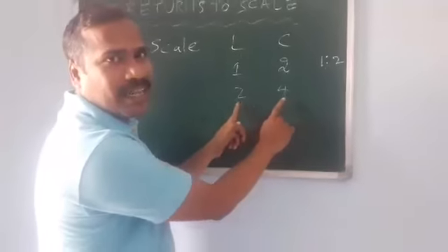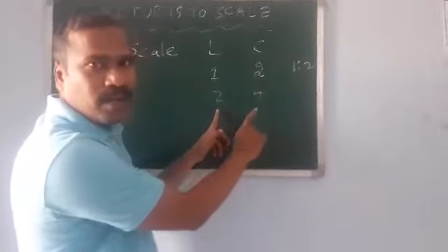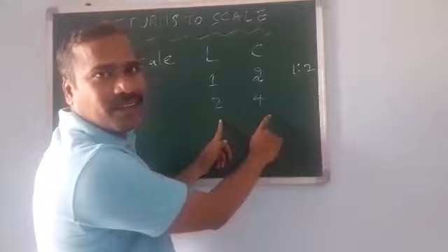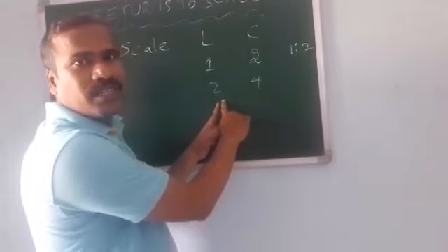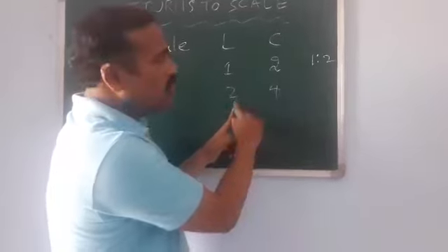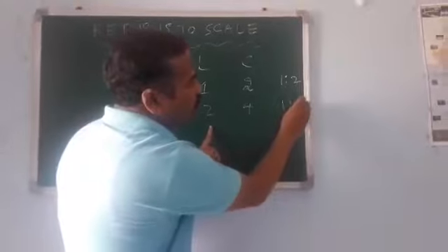By increasing the labor and capital, we can get more production. Then observe the scale: we are using 2 units of labor and 4 units of capital, so the ratio between labor and capital is also 1:2.